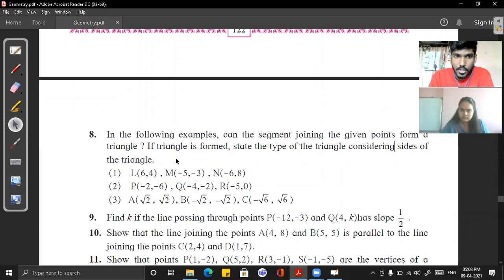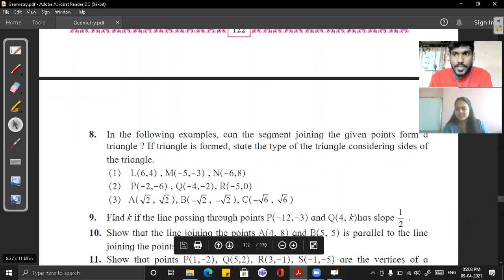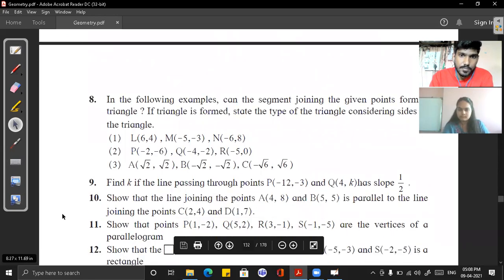So you will have to find the distance of all 3 sides, and depending on the distances, say whether it is a right angle, equilateral, isosceles, or scalene triangle. So there are 4 types of triangles. Okay, that's it.